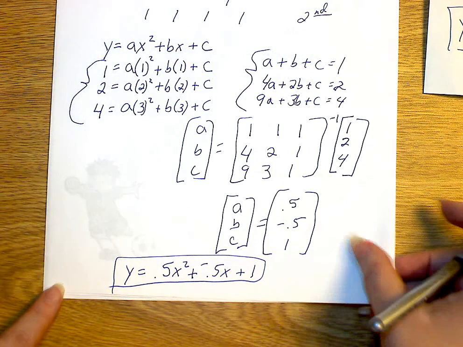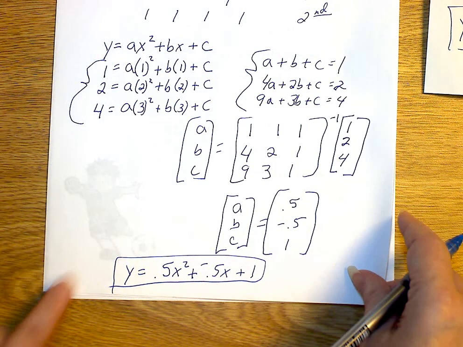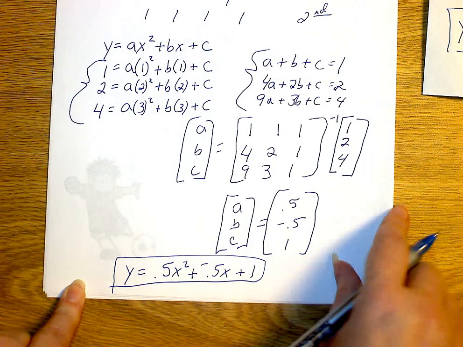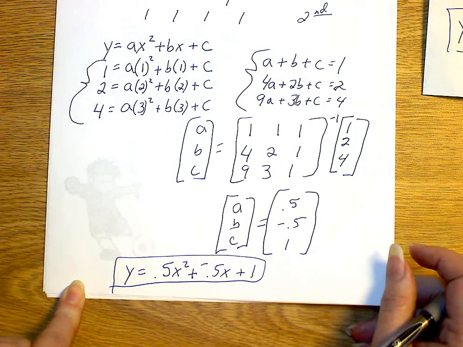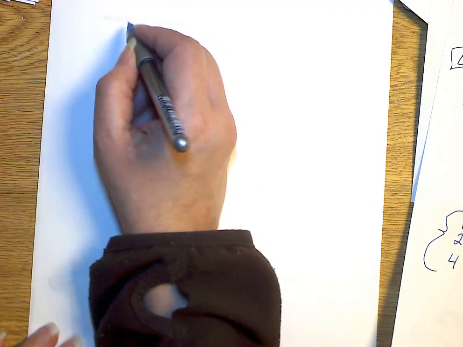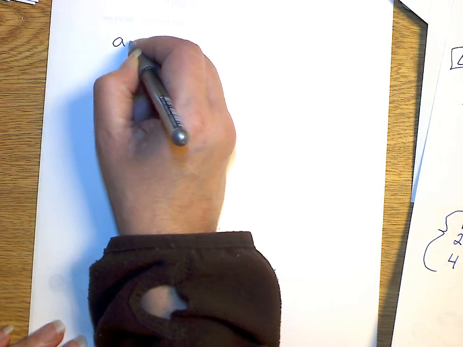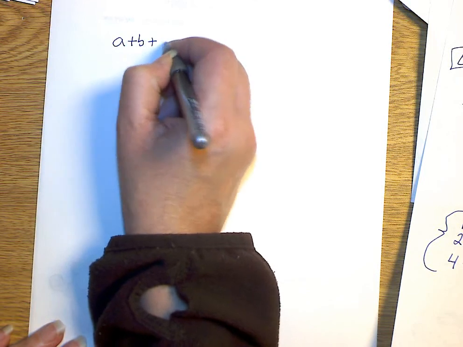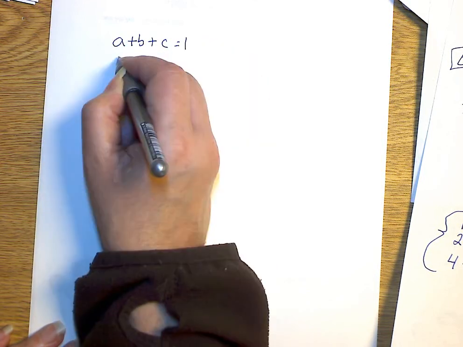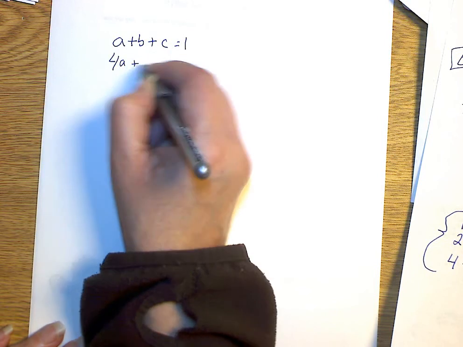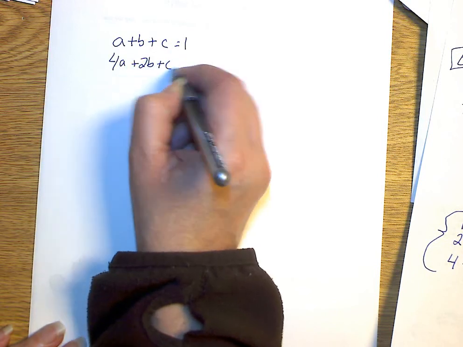All right, first of all, anybody not have this page? All right, so if you don't have a graphing calculator, I'm going to rewrite the system, which is A plus B plus C is equal to 1. And then you had 4A plus 2B plus C is equal to 2.